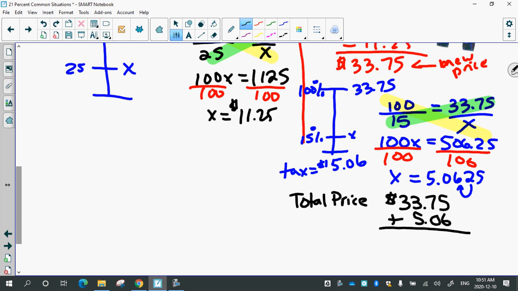Thank you. 38.81 is indeed correct. So the total price including sales tax is that. So total including tax.